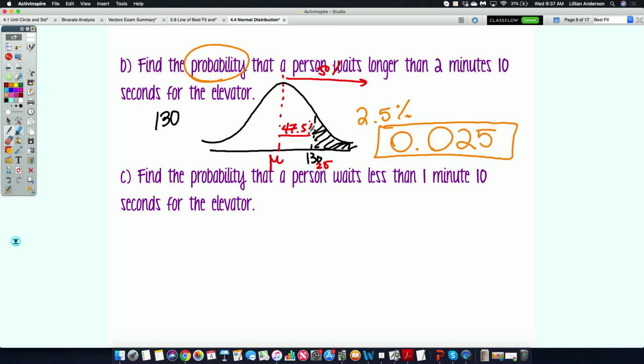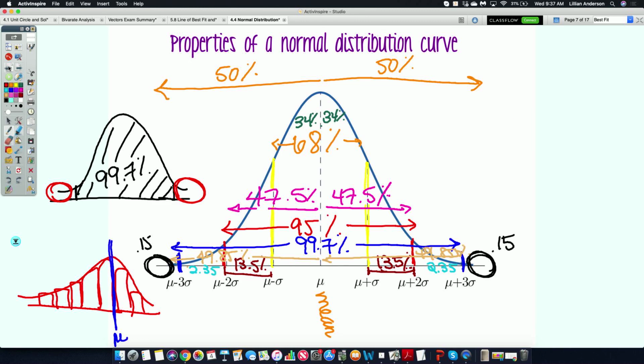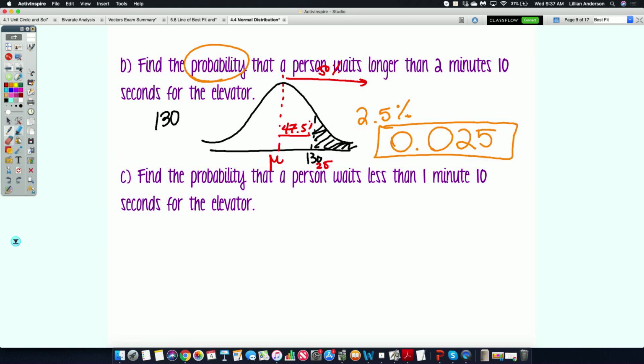So then to find that little bit that remains, you would do 50 minus 47.5 and you get 2.5. That's one way to do it. Another way is you could look at the breakdown and you're basically adding the bluish color and then the black color together. Now if I were to say 2 minutes, 10 seconds and longer, including that, then you would add that whole 13.5%.